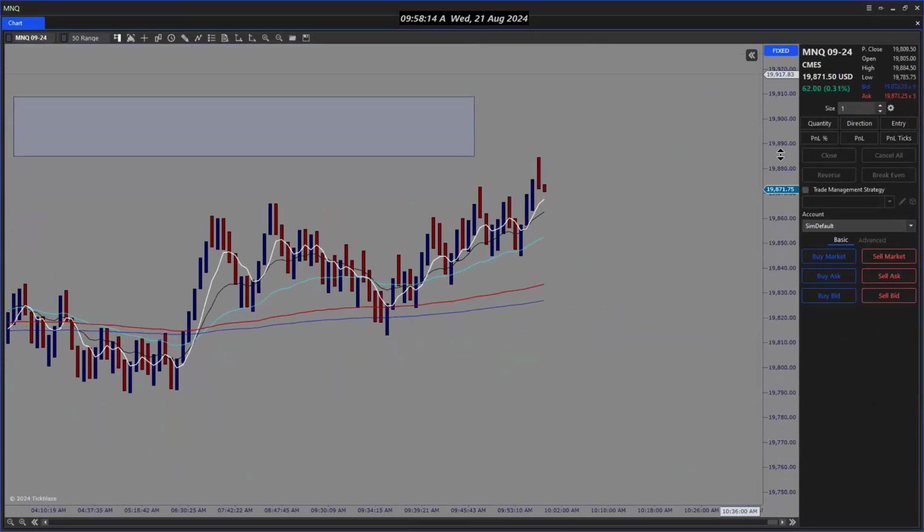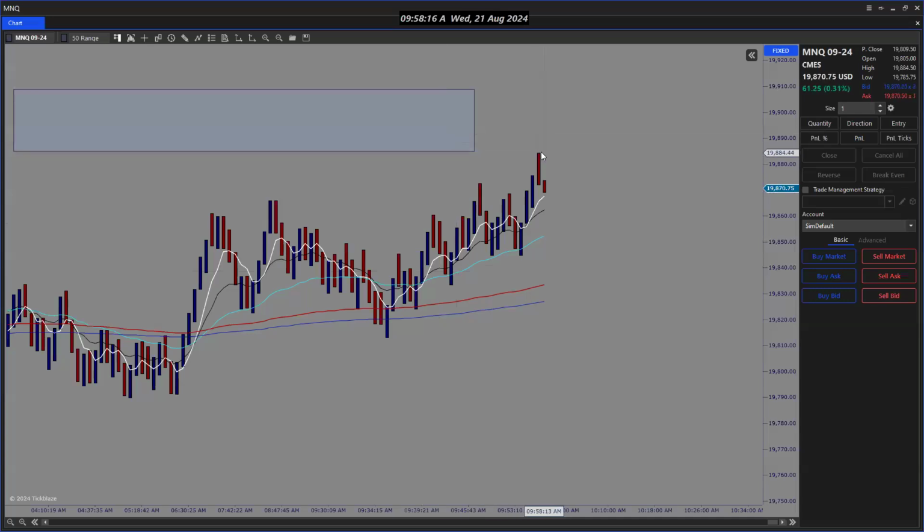And go ahead and look at trading this one on the short. We might have missed it actually because it came in pretty quick. Let's see.